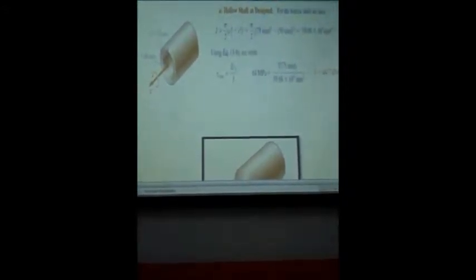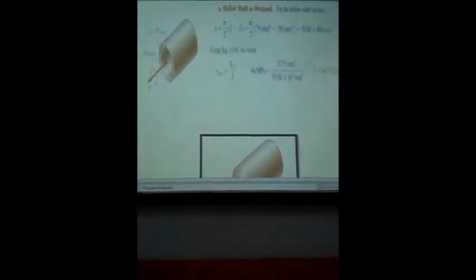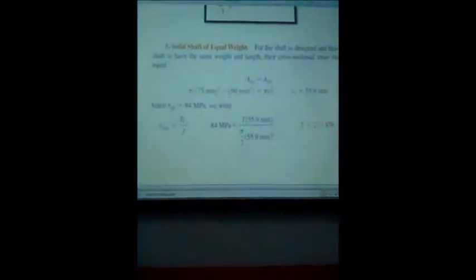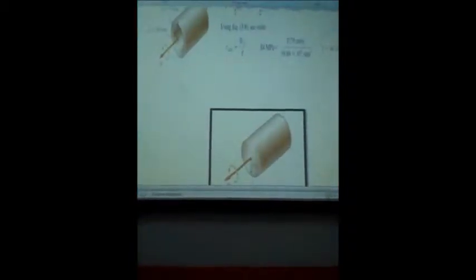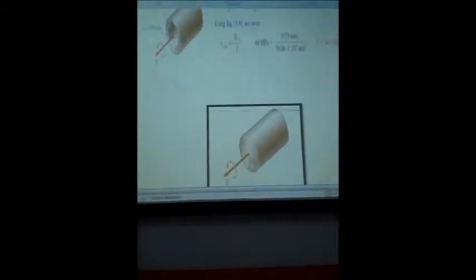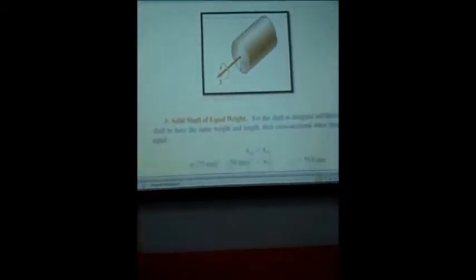And then we move to the second question, where we calculate the solid shaft of equal weight. For the shaft as designed and this solid shaft to have the same weight and length, their cross-sectional areas must be equal.